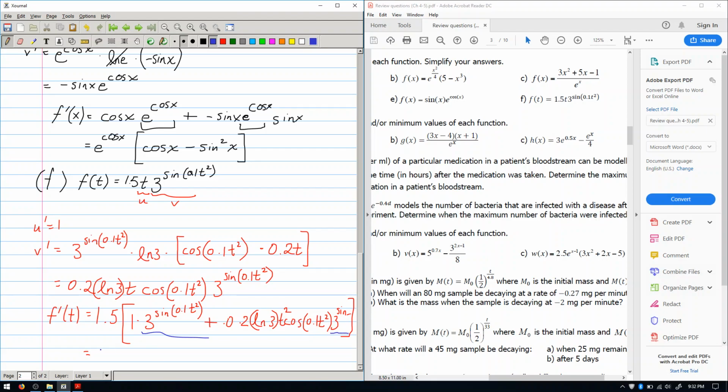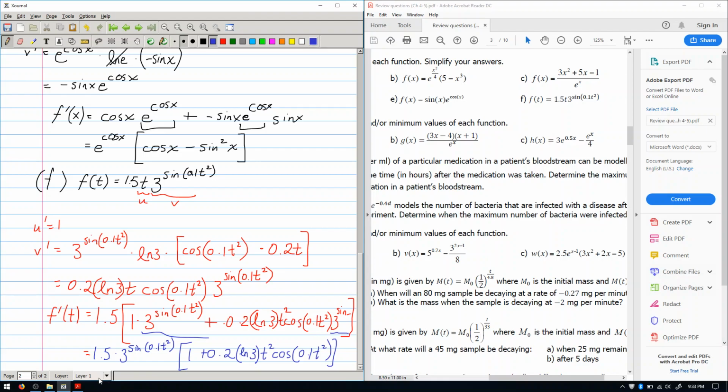If you notice, this and this are common. So I can take it out and I get 1.5 times 3 to the sine of 0.1 t squared, bracket, and what do I get on the inside? 1 plus 0.2 times ln 3 times t squared times cos of 0.1 t squared. That's it.